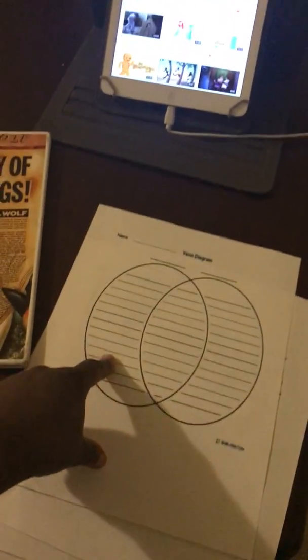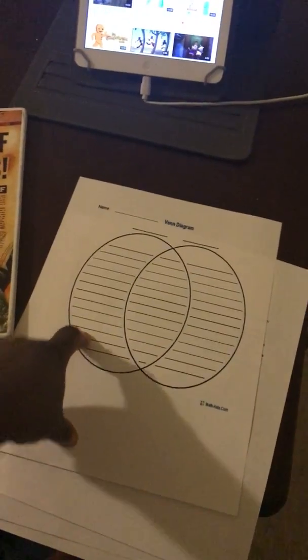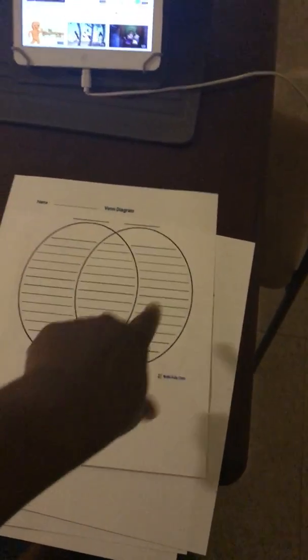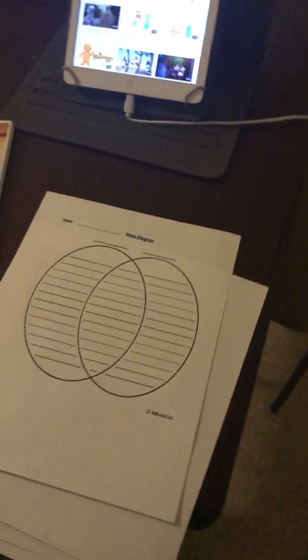He will write what is the difference between the point of view of the pigs in Three Little Pigs and the point of view of the wolf in the true story.